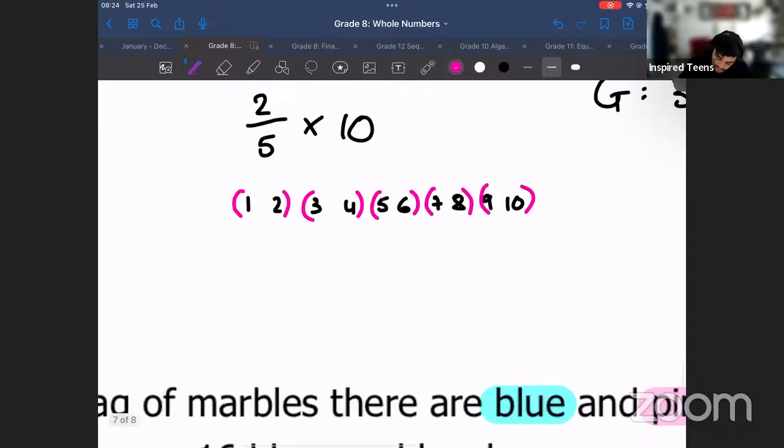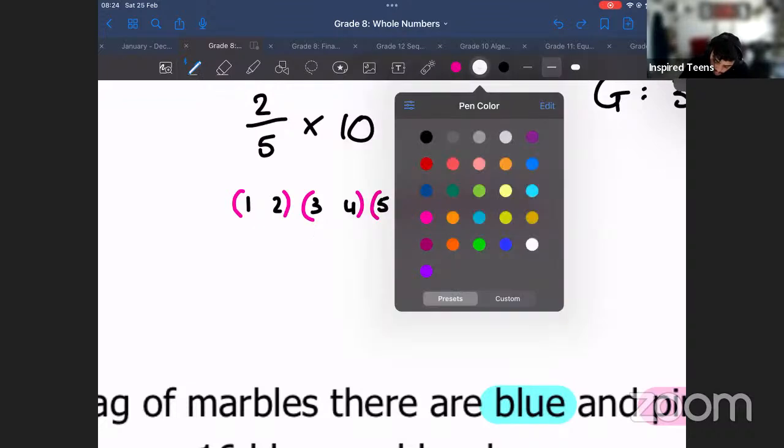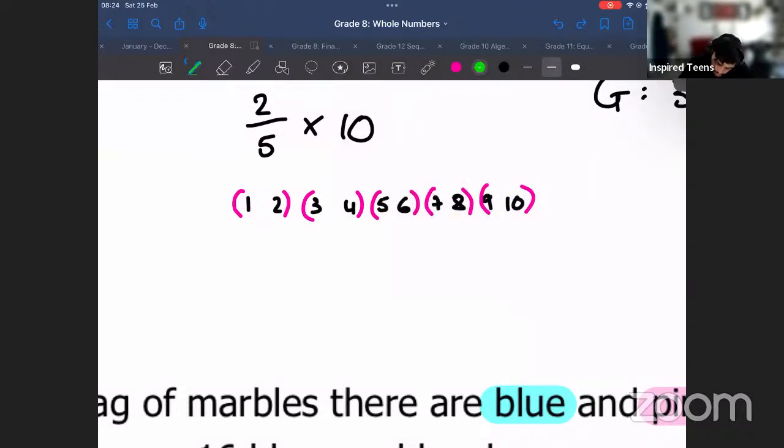So if I take 2 of these, that's going to give me a total of 4 over the entire thing. So 4 parts out of 5 in total.